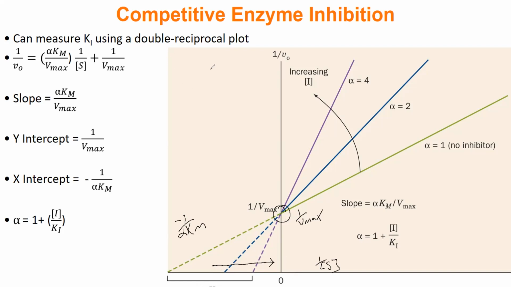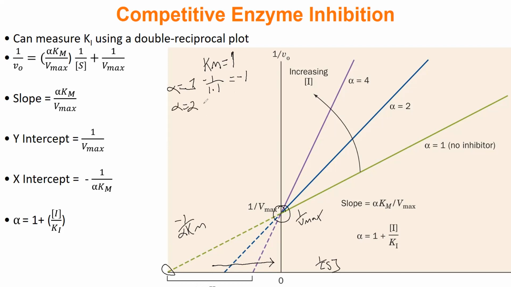And we can make sense of why it gets closer to 0. So let's make it easy on ourselves. Let's say Km is 1, and in the no inhibitor case, alpha is 1. So this green line would cross the x-intercept at negative 1 over 1 times 1, because alpha is 1 and Km is 1. So it will cross at -1.